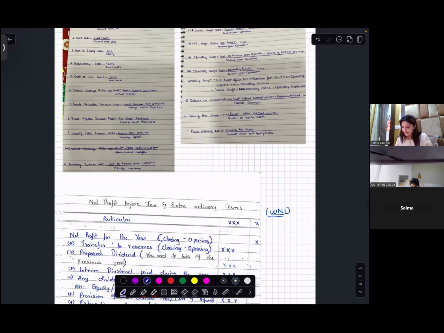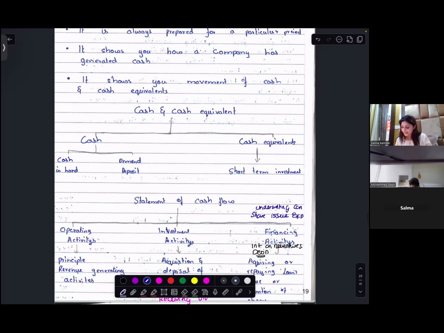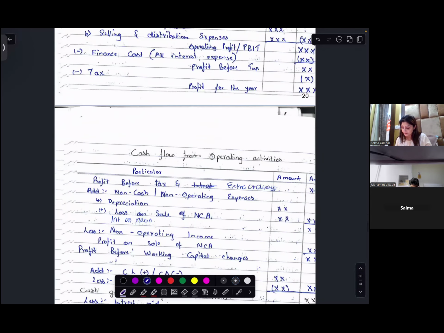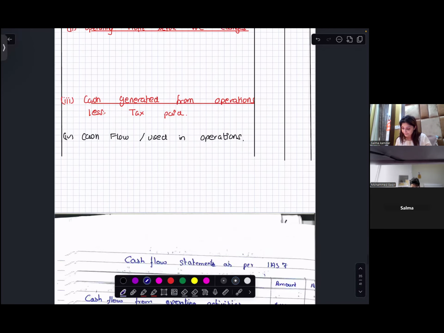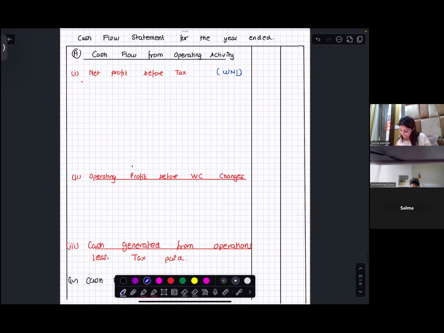I again go to our operating activities. How do you start your operating activities? We first start from profit before tax and extraordinary expenses. This will go in your working note number one. Then you have non-cash, non-operating expense and income.